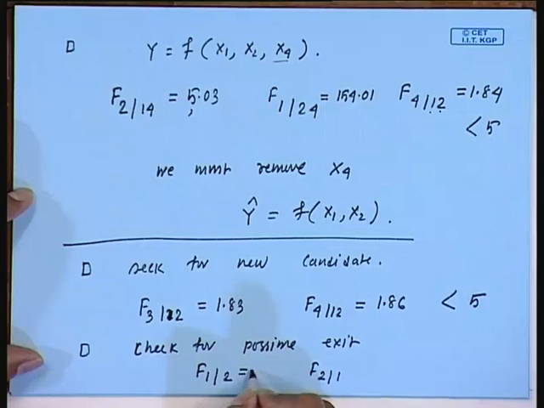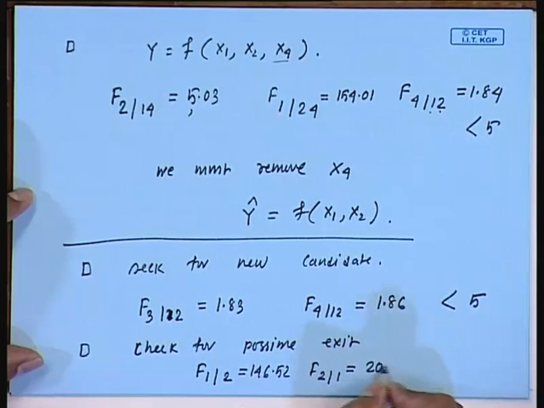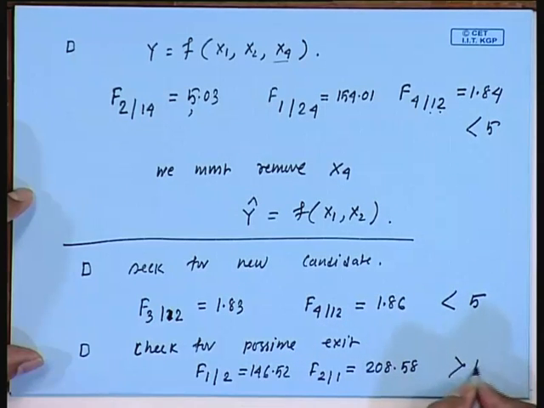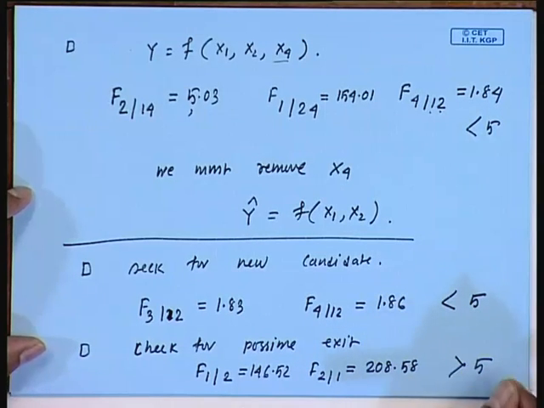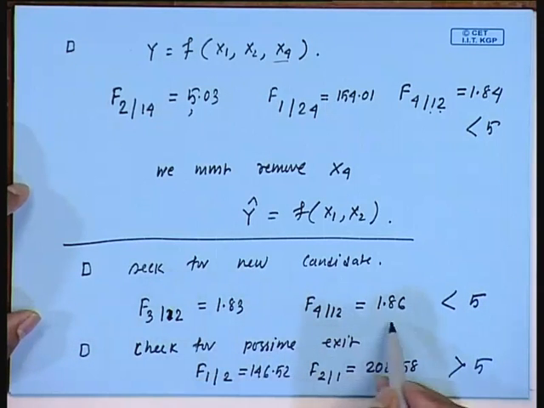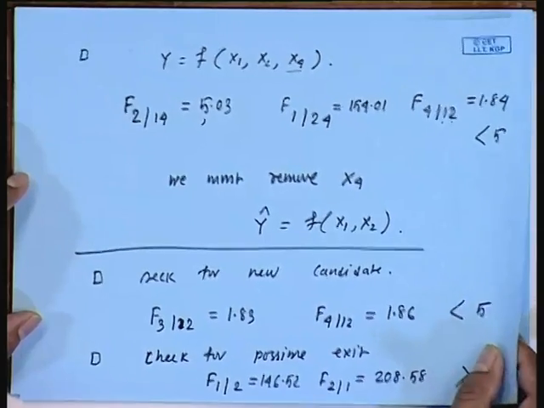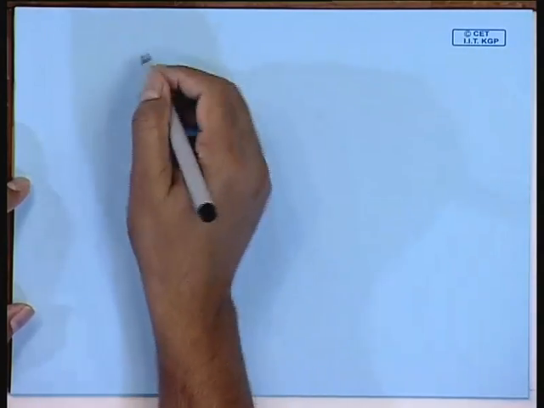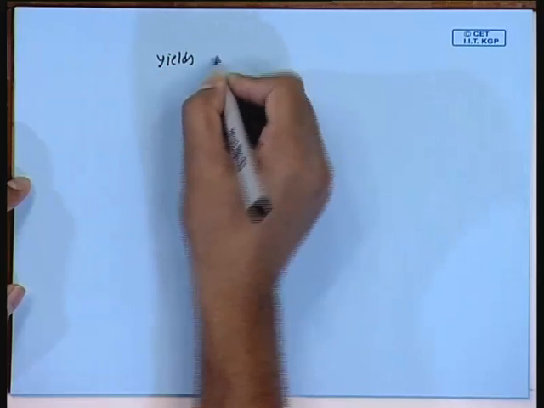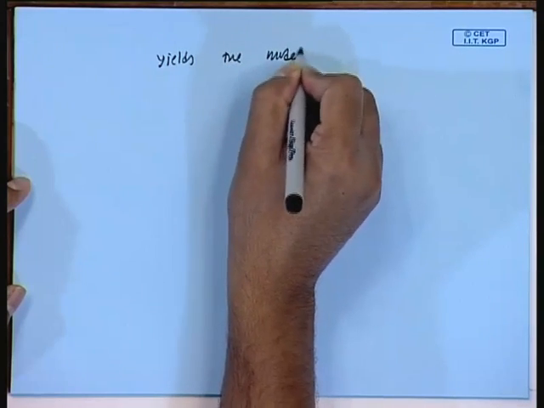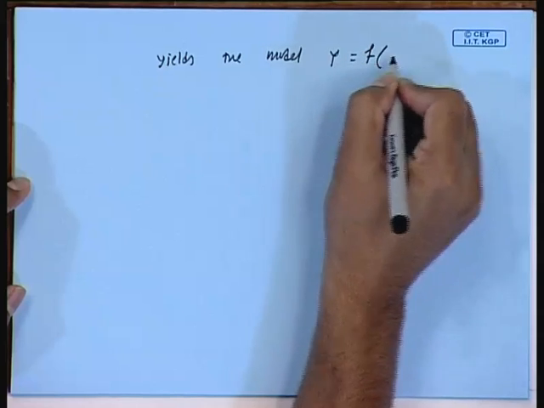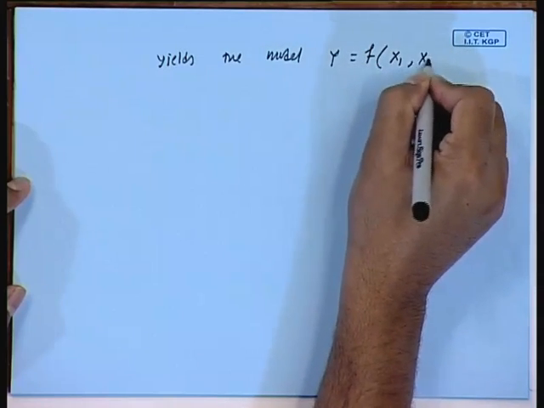This one is equal to 146.52 and this one is equal to 208.58, and both are greater than 5. So, we can't remove any more regressor from the model, and also this says that you can't include any more regressor to the model. So, the stepwise selection terminates and yields the model y equal to f in terms of x1 and x2.